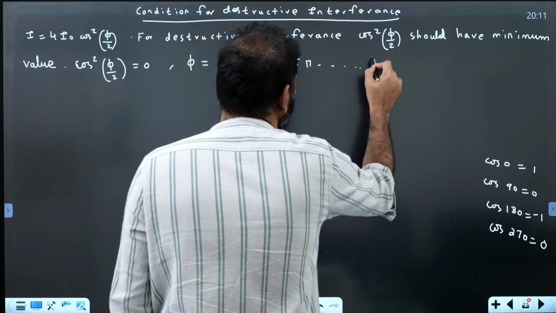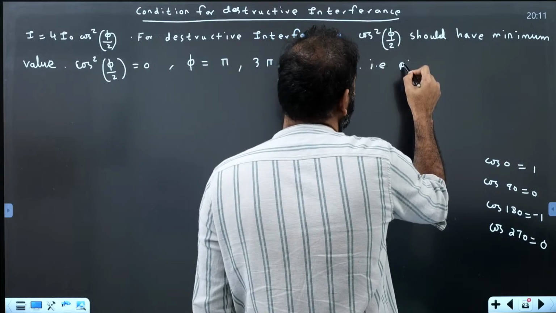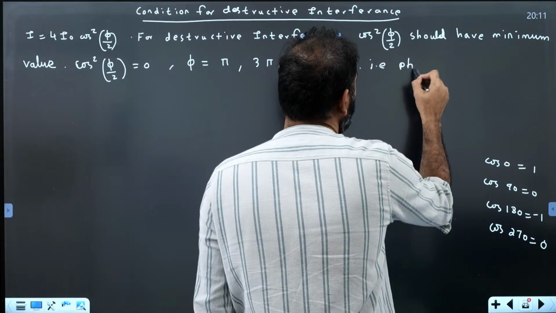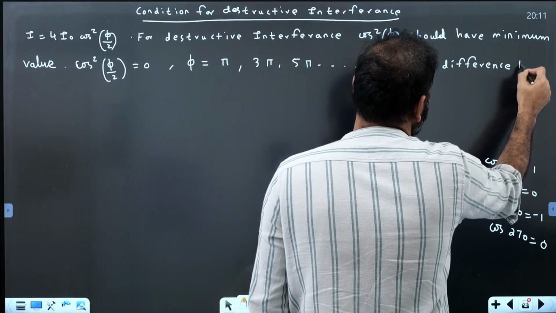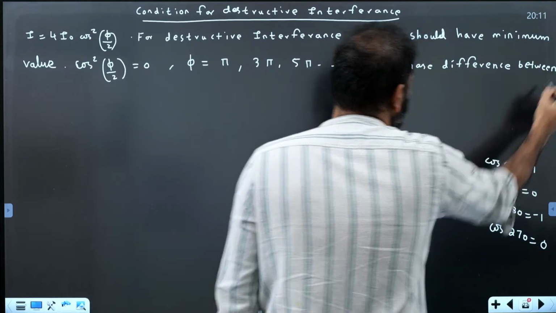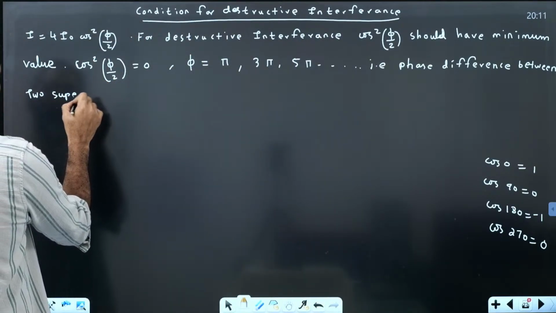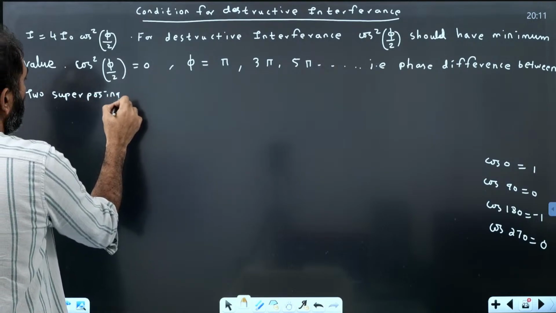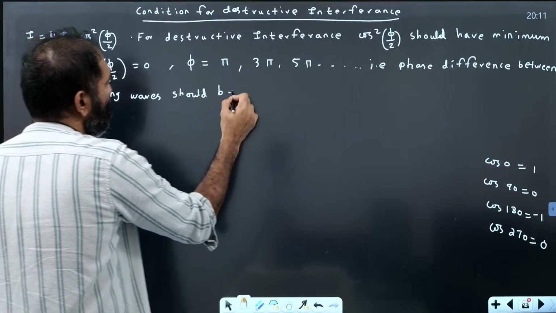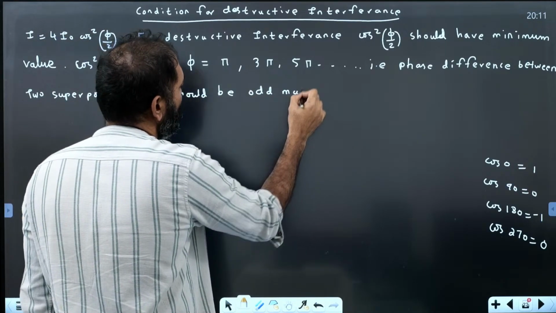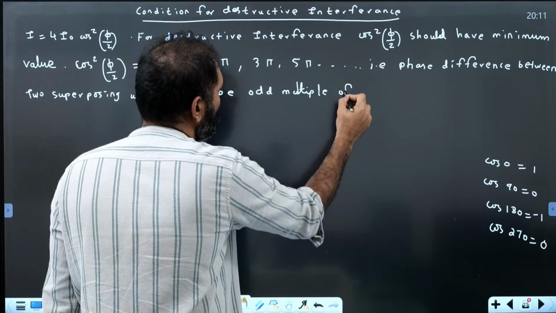That is, phase difference between two superposing waves should be an odd multiple of pi.